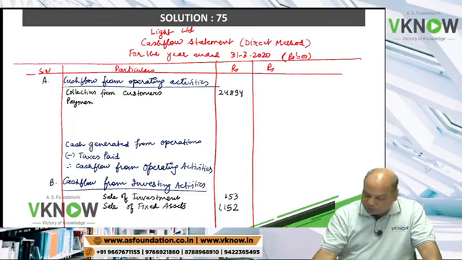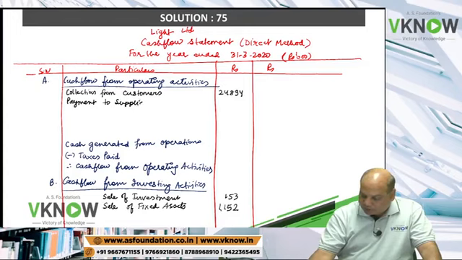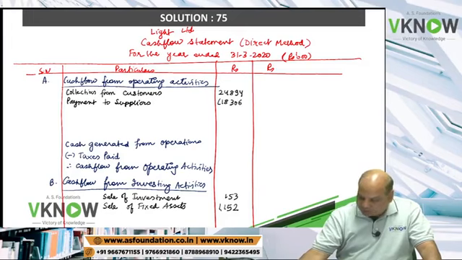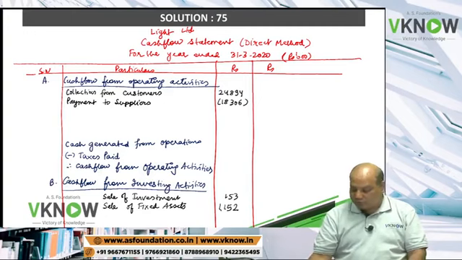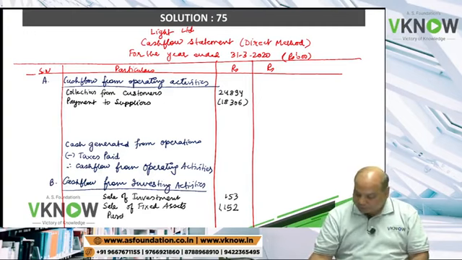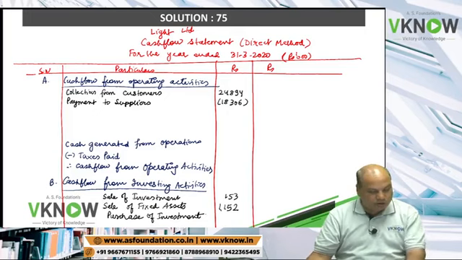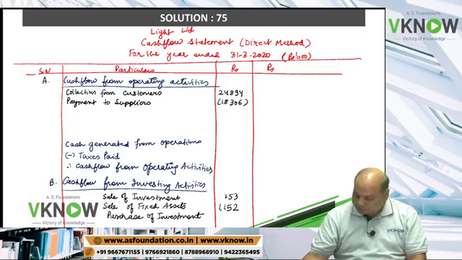Payment to supplier is an operating activity item. So payment to supplier, in bracket write 18306. Purchase of investment, investing activity, point number B. In bracket you will write 117.